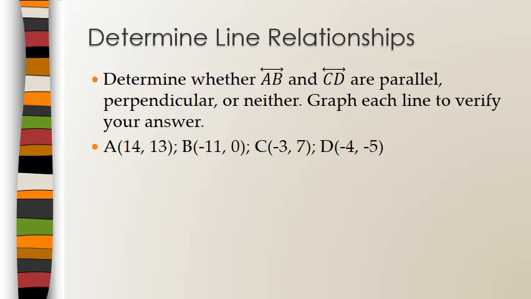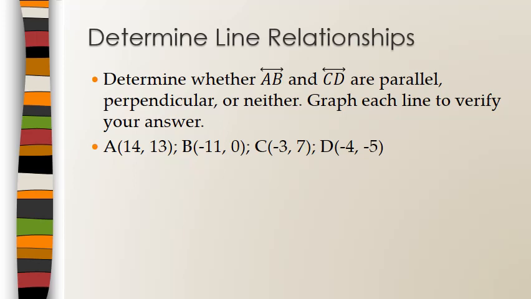Now, if two lines are parallel, they're going to have the same slope. So if we find the slope of each line and those slopes are identical, equal, then they are parallel. If two lines are perpendicular, the slopes are the negative reciprocals of each other.